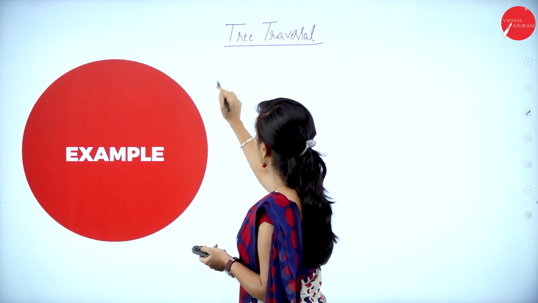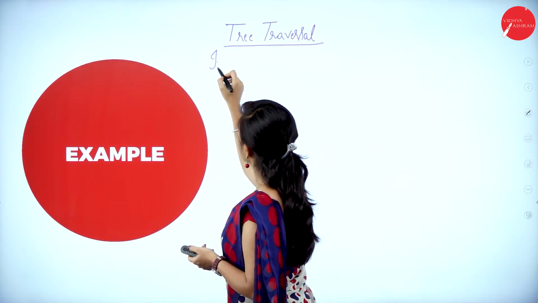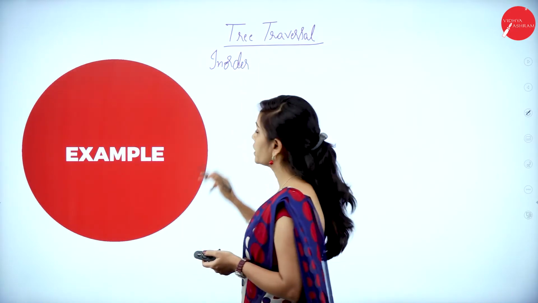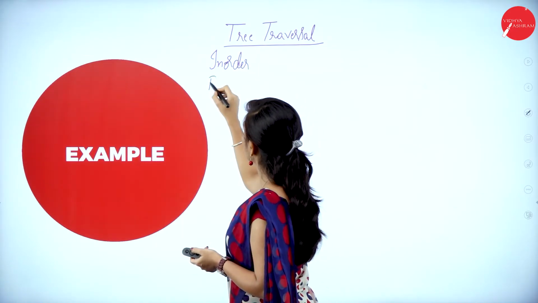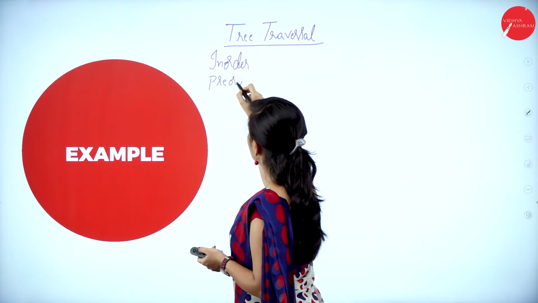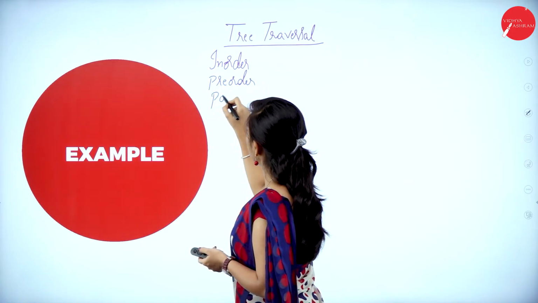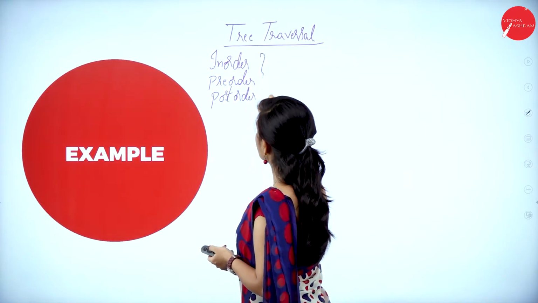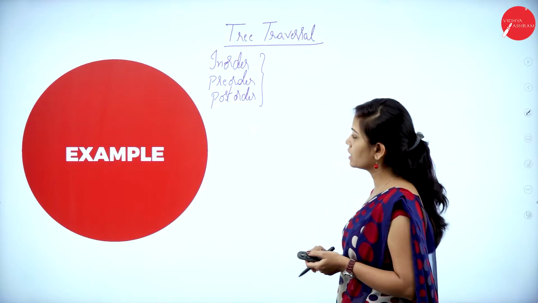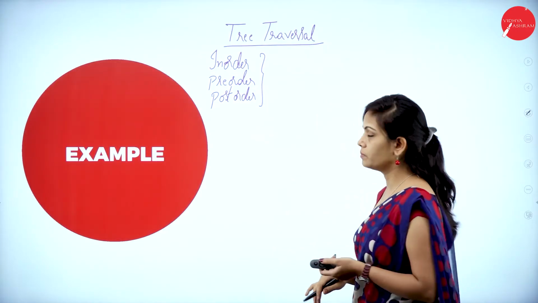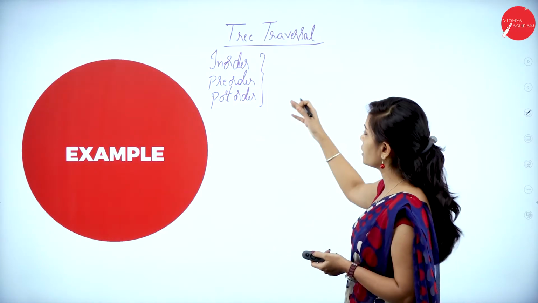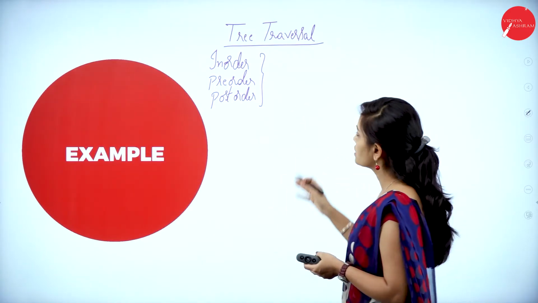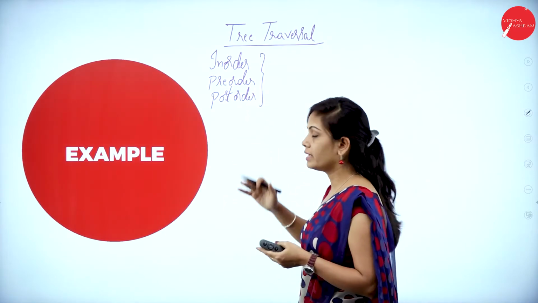In tree traversal, we have 3 types. You can expect this question for 7 marks: in-order traversal, pre-order traversal and post-order traversal. These three are the types of tree traversal. Now, by using these three traversal concepts, we can visit each and every node exactly once. So in-order means, I'll take one example.